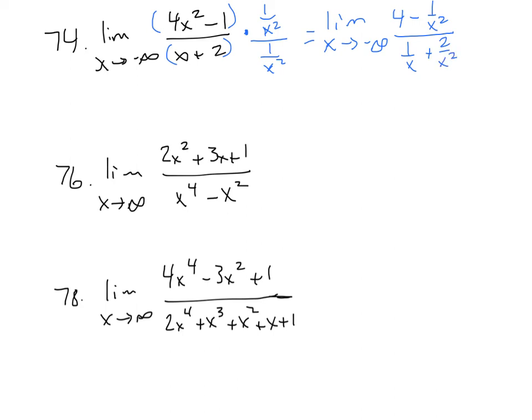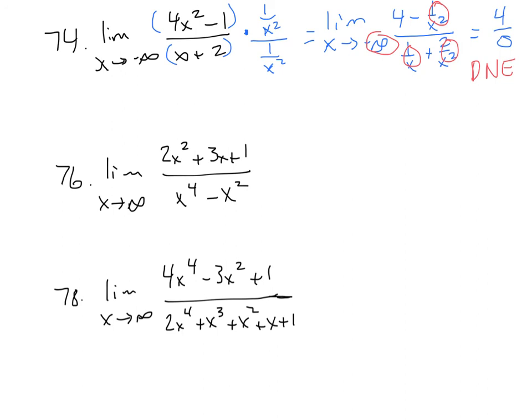Okay, now I'm going to, quote unquote, substitute negative infinity in for these fractions, and we get a problem. This guy's going to turn into 0, this one's going to turn into 0, and so is this. So the value here, if you will, turns into 4 over 0. That's not an indeterminate form, right? That's an undefined division. So the answer for this one is DNE. This limit does not exist.